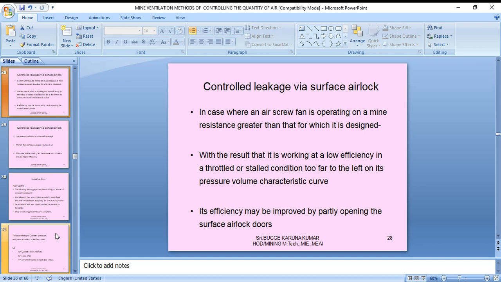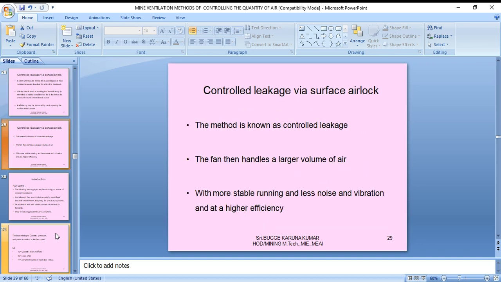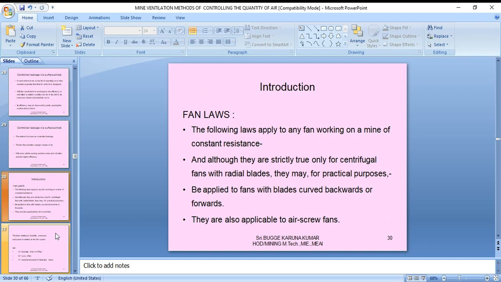Its efficiency may be improved by partly opening the surface airlock doors. The method is known as controlled leakage. The fan then handles a larger volume of air with more stable running, less noise and vibration, and high efficiency. This is how controlling of other leakage problems also works.